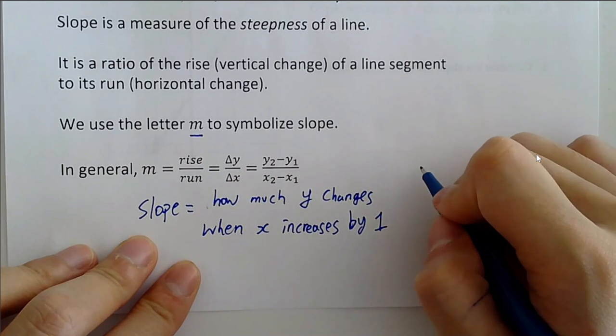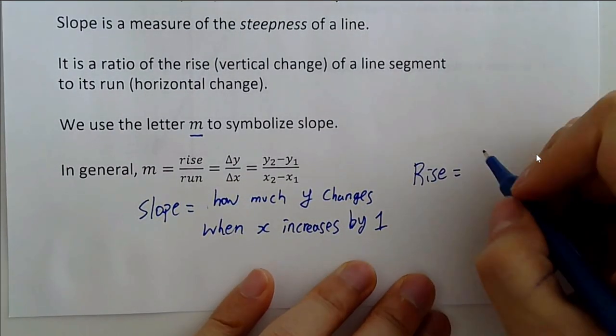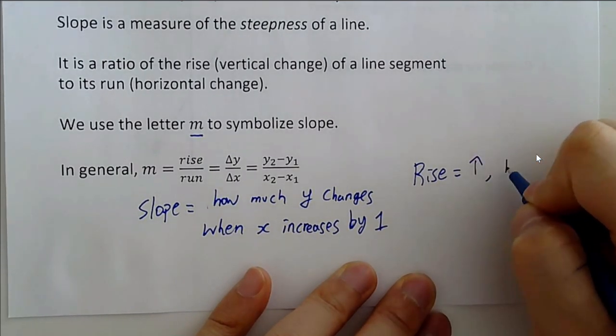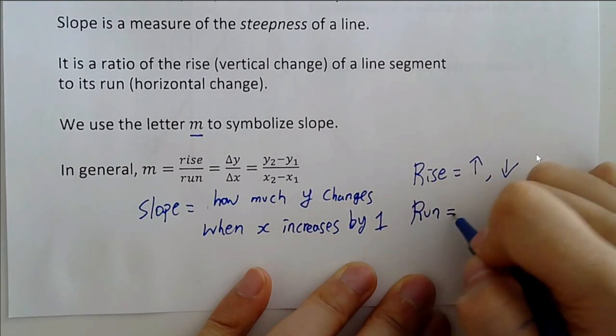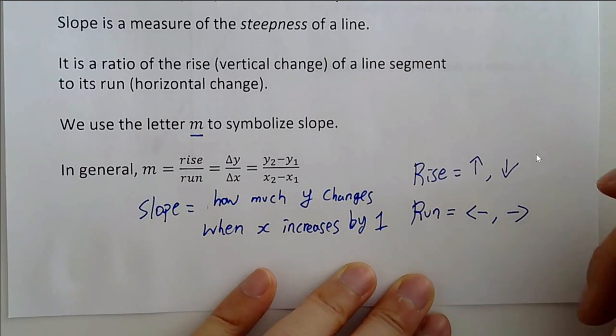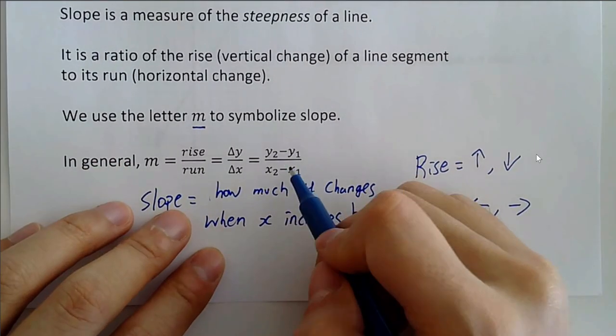My rise is how much the graph is going up or down, and run is how much the x is changing left or right. I'm going to explain this formula.